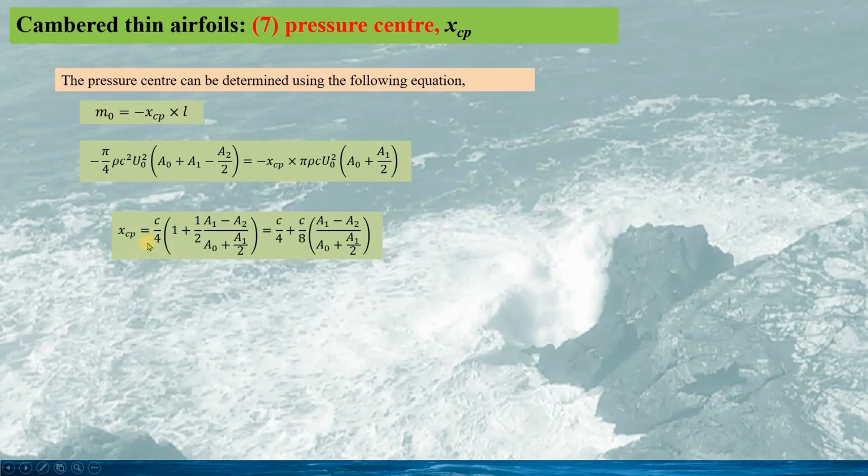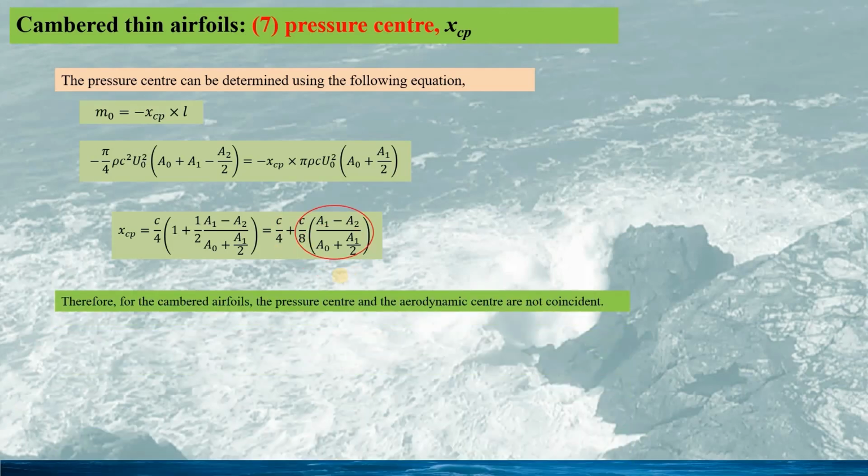So we can calculate the center of pressure x_CP as this, and we can see this is the detailed expression. Therefore, for the cambered airfoil, we can see the pressure center and the aerodynamic center would be different, since for the center of pressure, we have the additional term given in this ellipse.